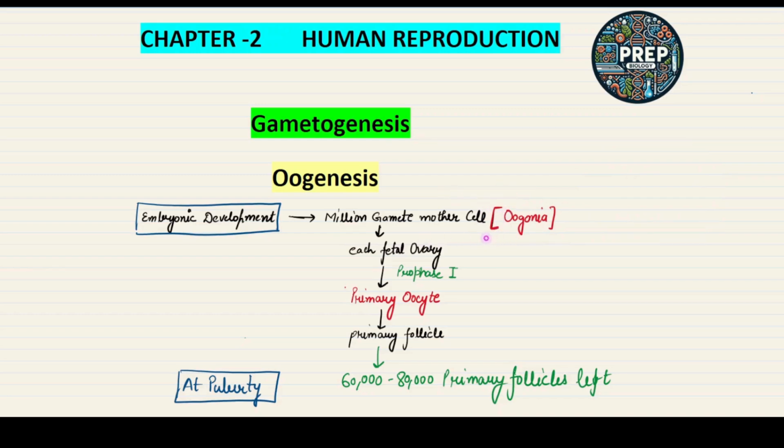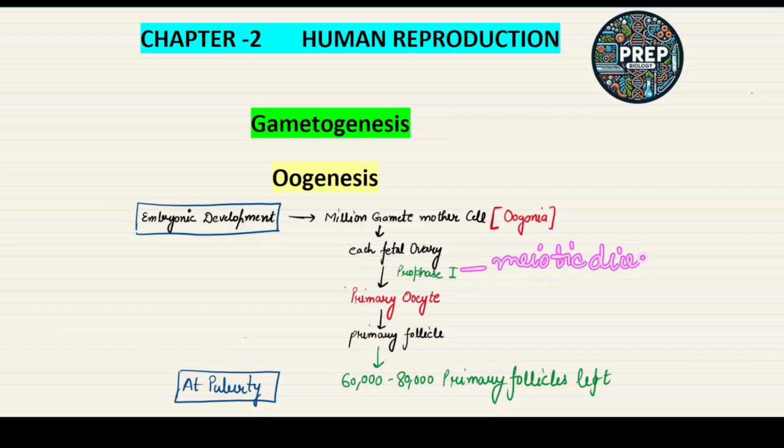Okay, so next, after the birth of a girl, in the oogonia, multiple divisions take place, and it will arrest in the prophase of the meiotic division.